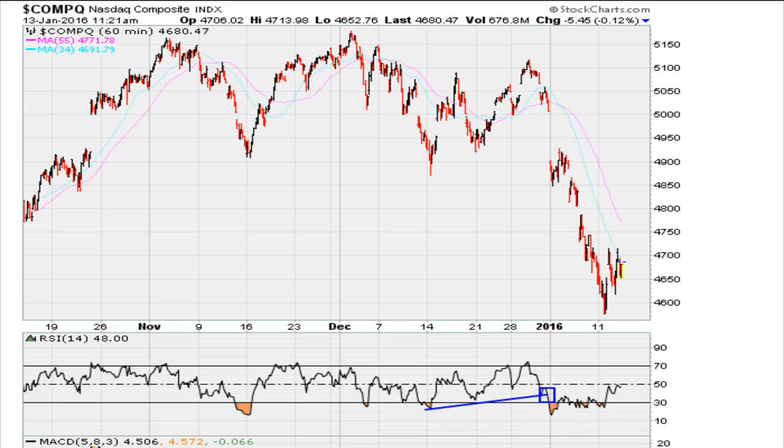If we take the same break line, remember this break line brought the market lower, and we extend that same blue line that began this recent slide, you can see here that we are dealing with a market that is showing double top resistance short term on the Nasdaq, suggesting that hour to hour there's a lot of work this market needs to do to correct some of its issues.